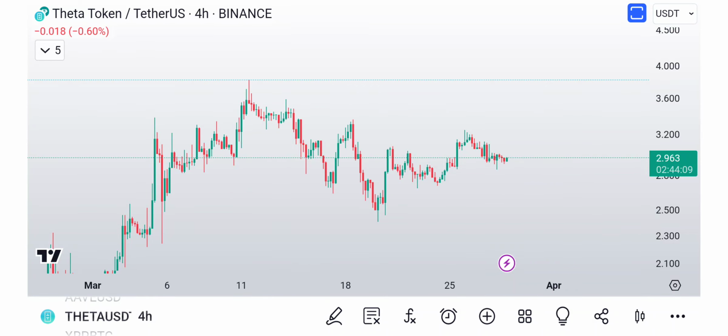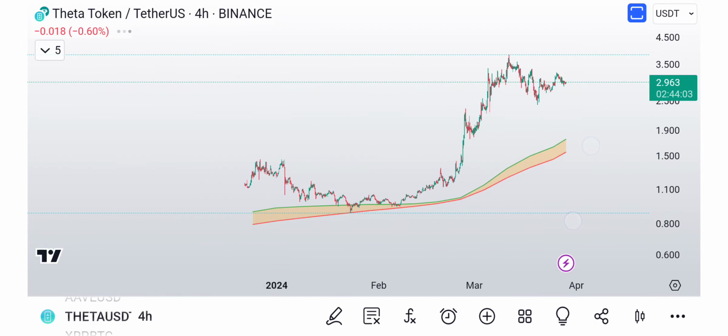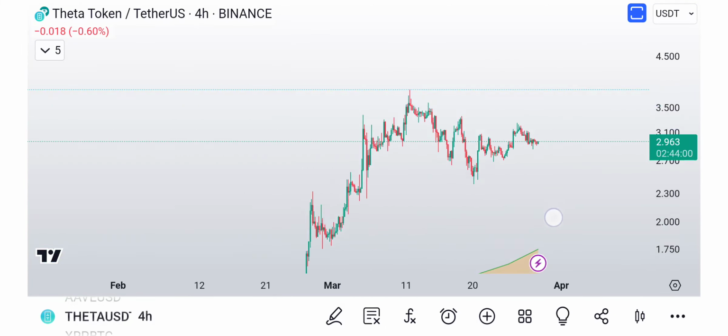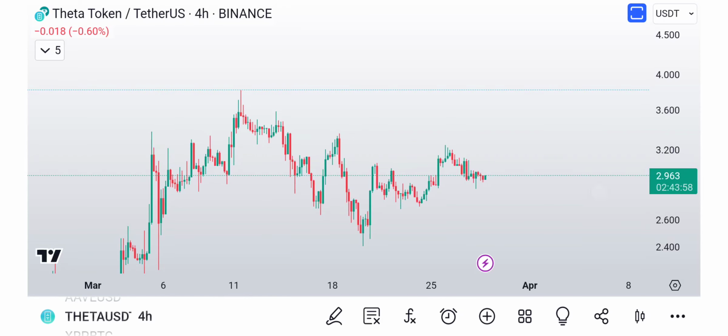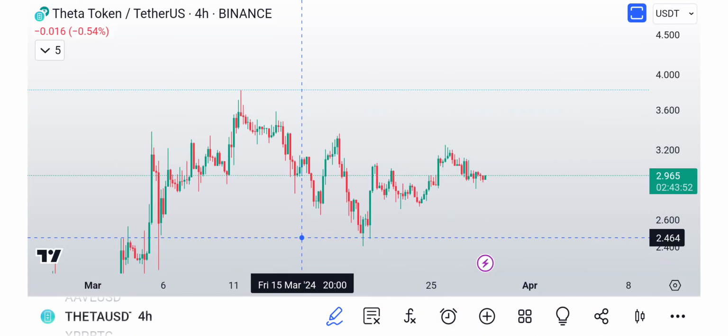This is a very challenging point, because if this is a wave 4, usually they're very complex, right? Very challenging to figure out what's going on in these corrections.